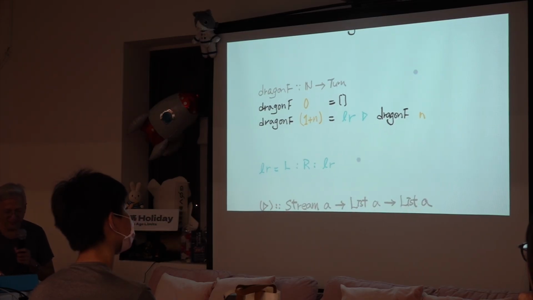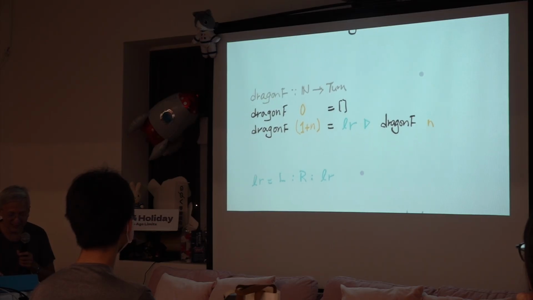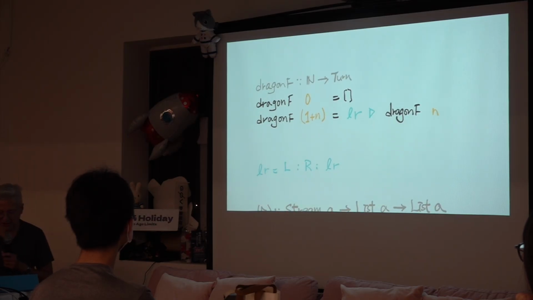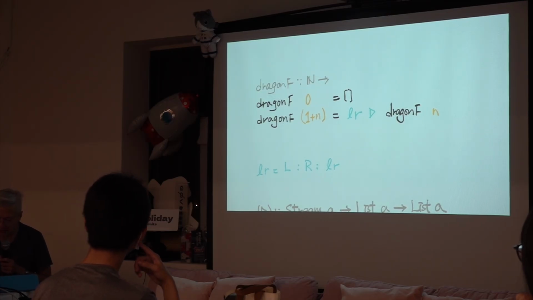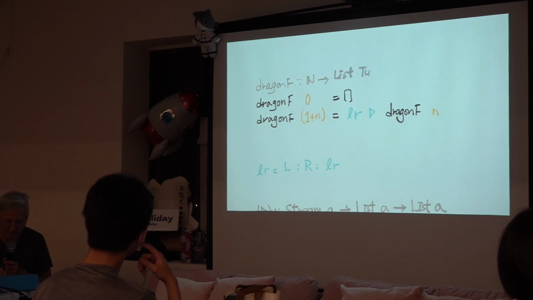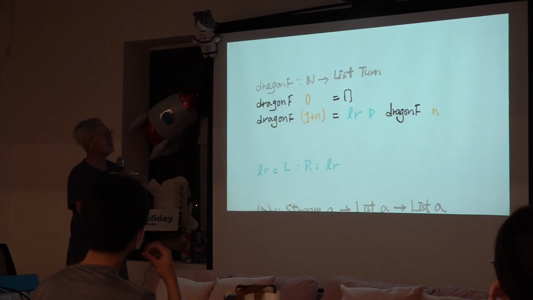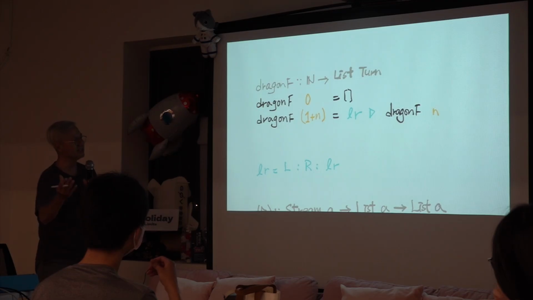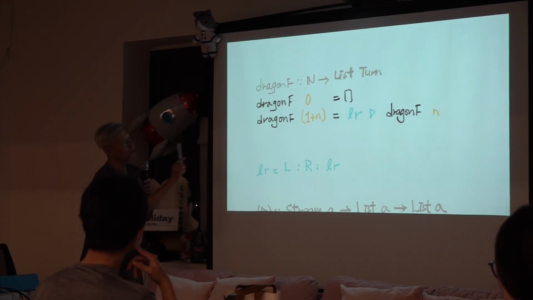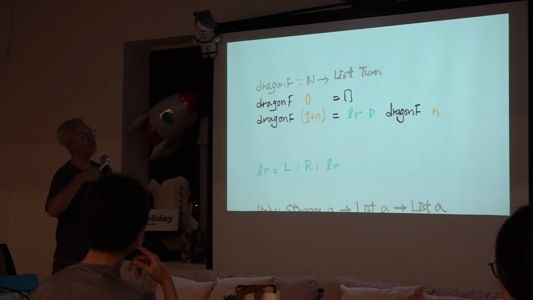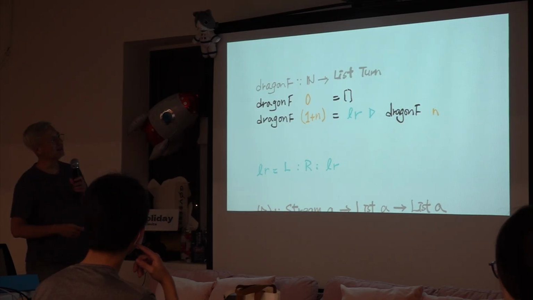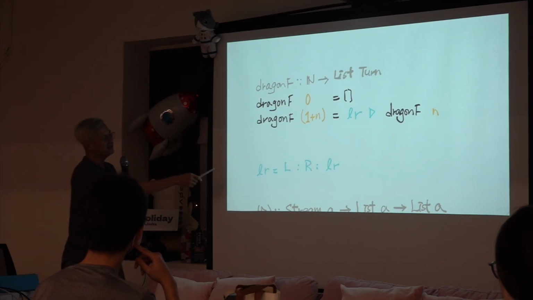But anyway, dragon F is also a function which takes a natural number and generates a list of terms. When we enter 0, we just get an empty list. Otherwise, to generate the previous level, and then do an LR interleave. And LR is an infinite list.